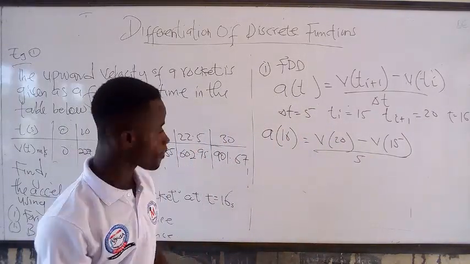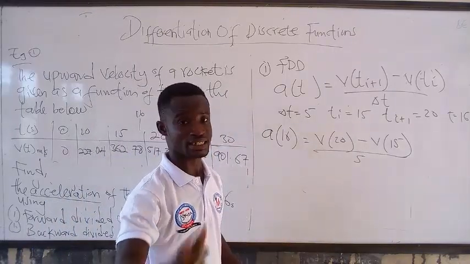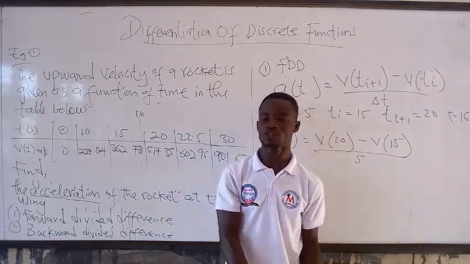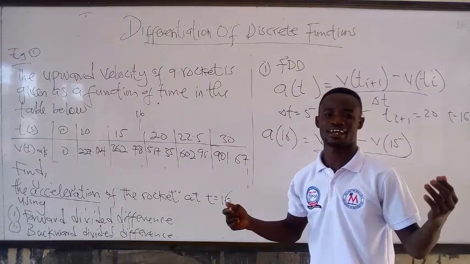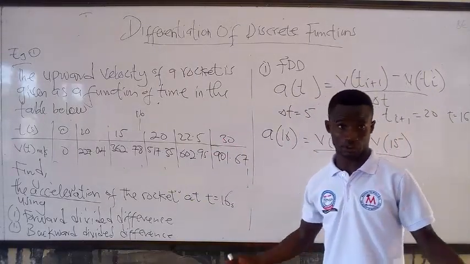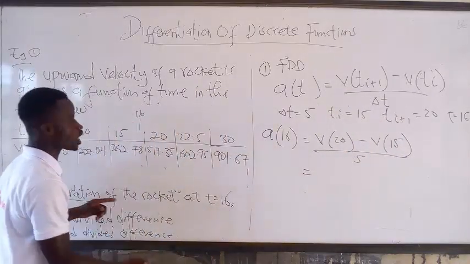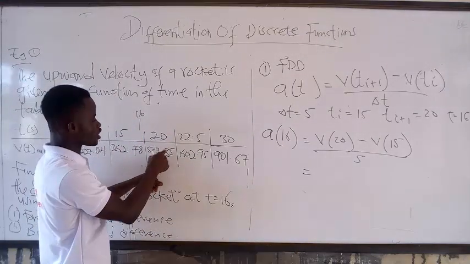So here, this is what you are going to do. It's just simple. You know that the velocity function was used to compute this table, so the work has been reduced. You go and check: when you plug in 20 into the function, what will you get?